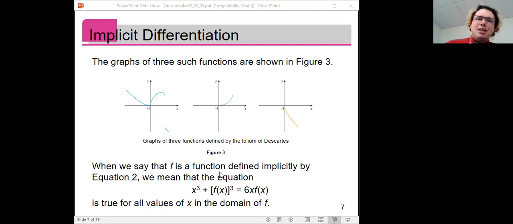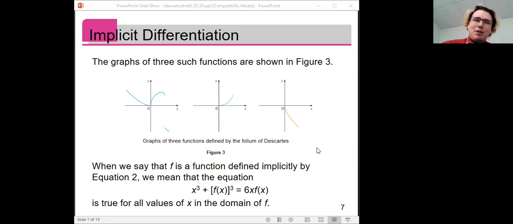I don't immediately see a way I can go from the formula x cubed plus y cubed equals 6xy and find formulas for these separate pieces of the graph. That's a hard thing to do, but fortunately, I don't have to.